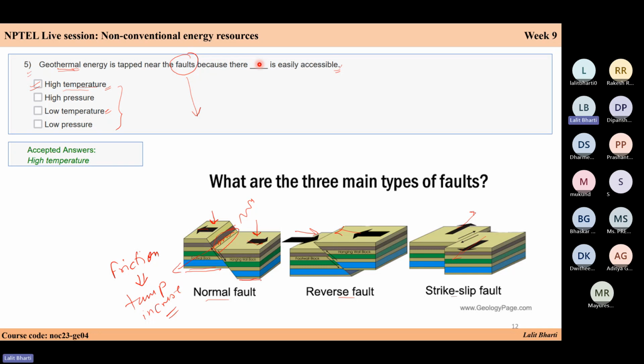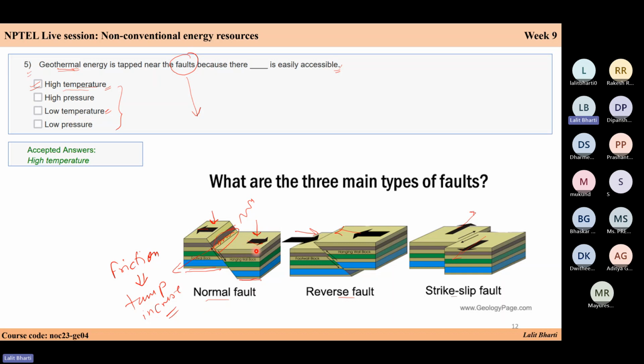So basically geothermal means it is related to the thermal or the temperature at certain geographical areas. Let's say these are the different plates beneath the earth's surface.